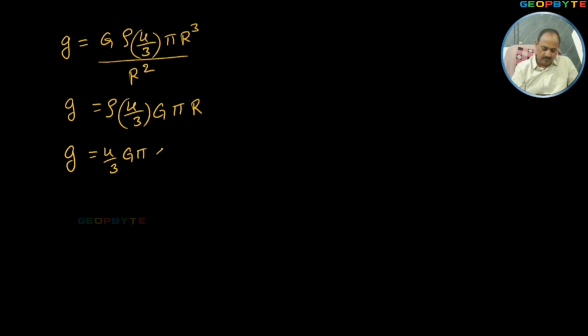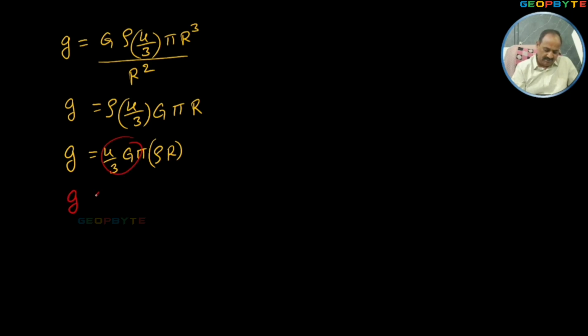Then g equals 4 by 3 G pi rho R. This 4 by 3 G pi remains the same.